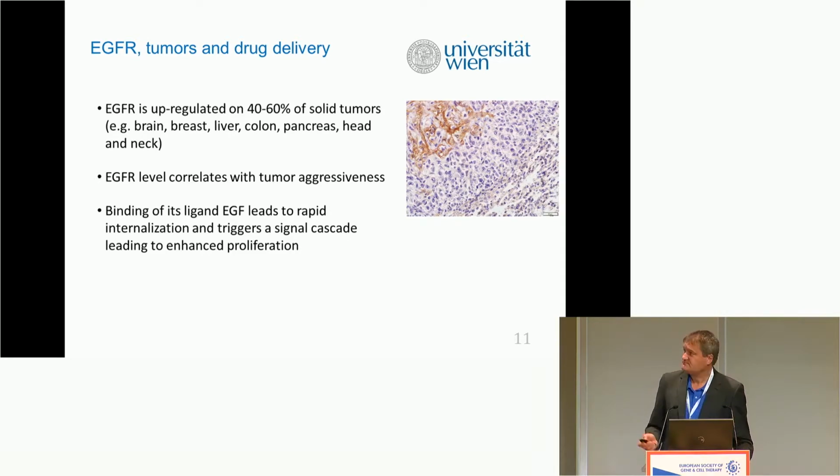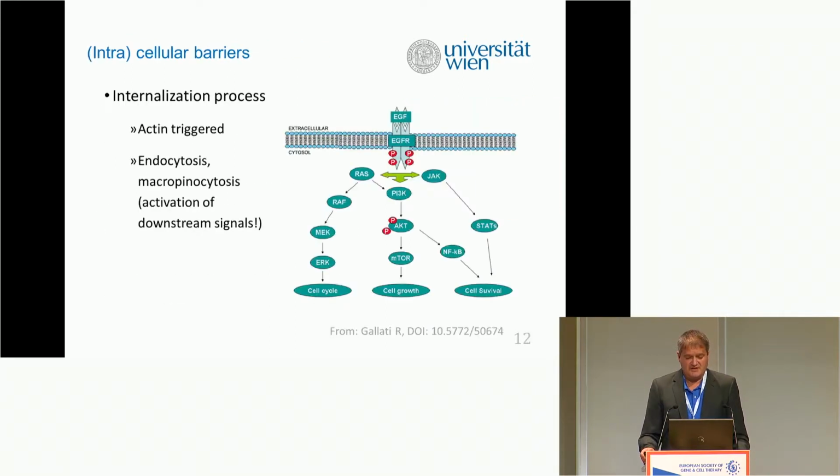But when its ligand EGF binds to EGFR, you will have activation of this signaling pathway. You have downstream signaling, phosphorylation of AKT and ERK, and this at the same time induces macropinocytosis, so you have very fast and efficient uptake of your particles, but this will also cause a mitogenic effect. And in case of cancer, this might not be what you want: to feed the tumor with a growth factor.